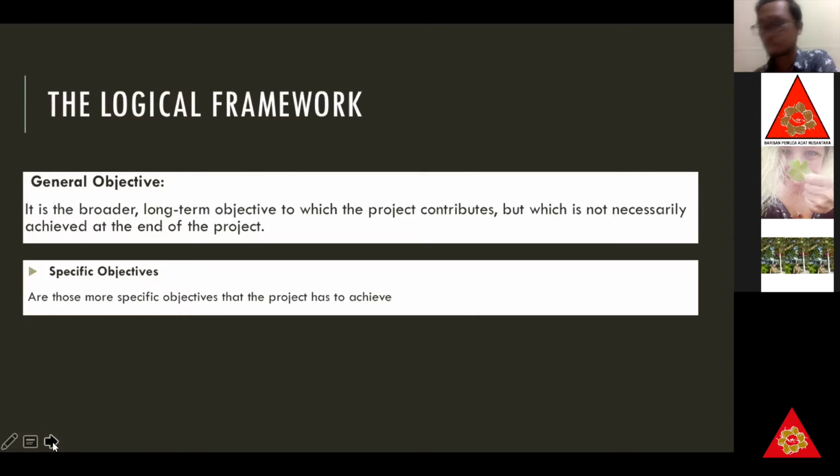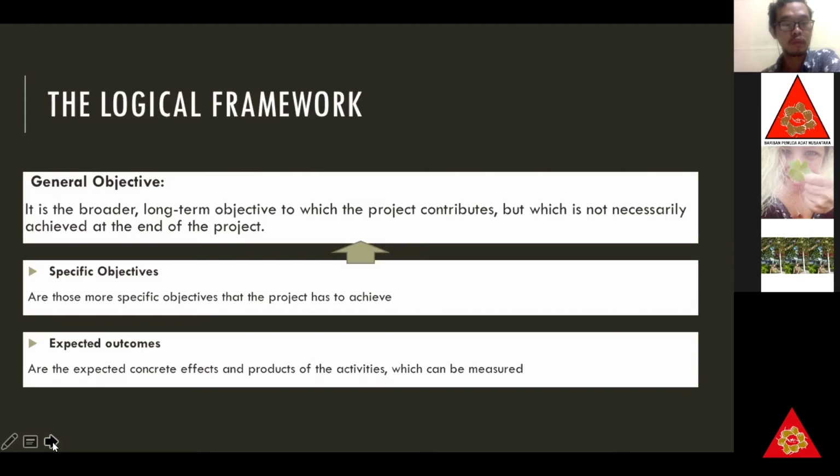So you read this from the bottom to the top. Then you have the expected outcomes. These expected outcomes are the more concrete effects and products of your activities, and these usually can be measured because they are concrete.